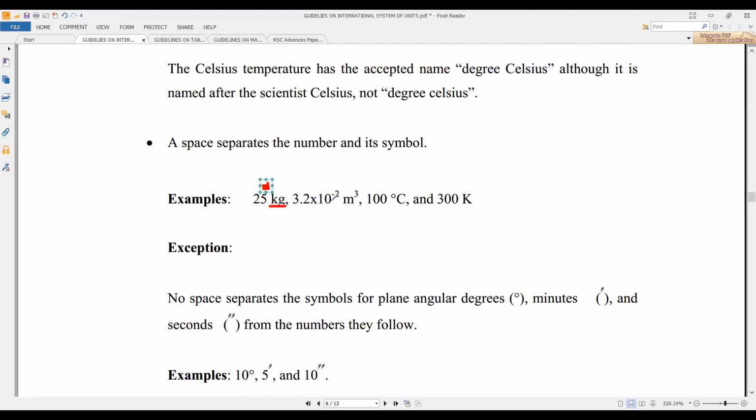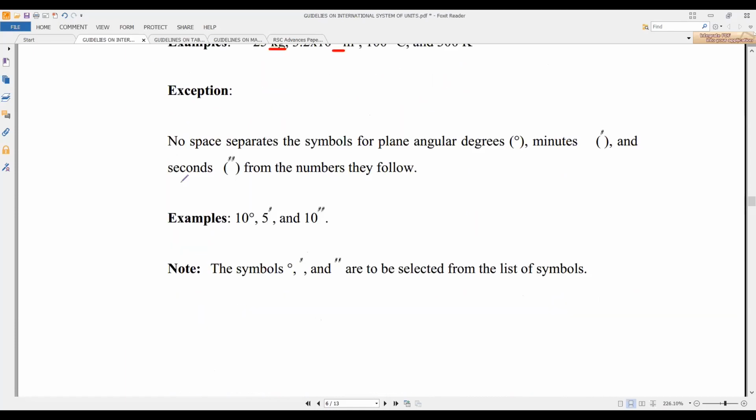So 3.2 into 10 to the power minus 2, then give one space meter cube. 100 degree centigrade, no space between degree and centigrade. 300 space Kelvin. Got it? No space between 10 and degree if it is at superscript. Don't give space between the numeral and its unit when it is in superscript.